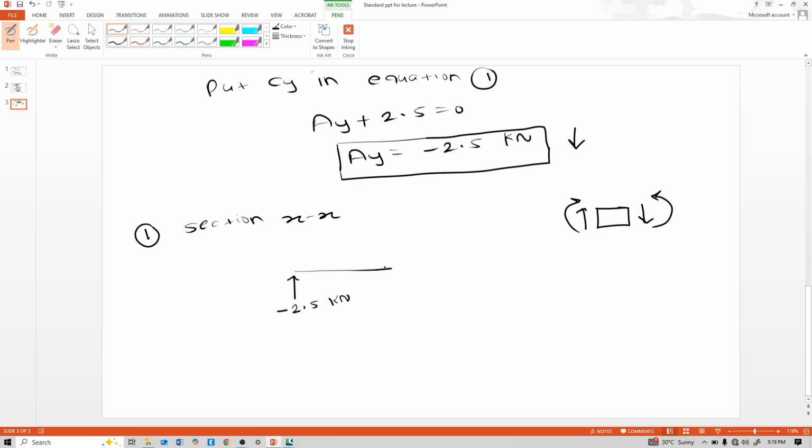So we cut here and from the left side we go towards the right side. So from the left side toward the right side, this is positive. So draw here Vx and Mx.